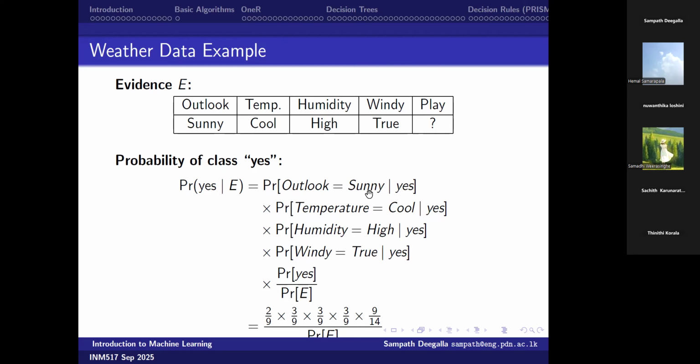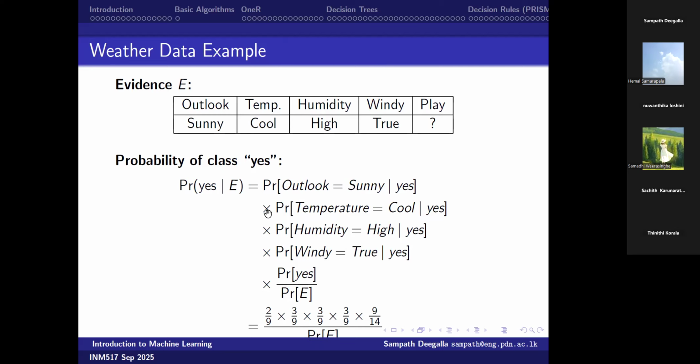For each attribute value, given the class is yes, we find out the probability values. Since we have assumed everything is independent of each other, we can multiply the probabilities, and then finally we multiply by the probability of the event yes divided by the probability of the evidence. This is unknown, but we have this.